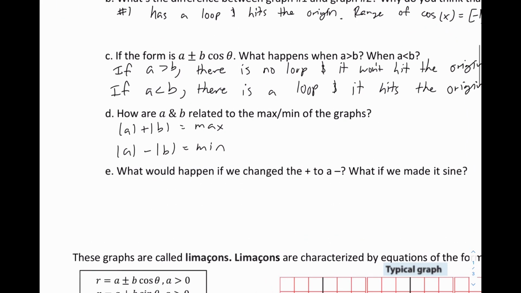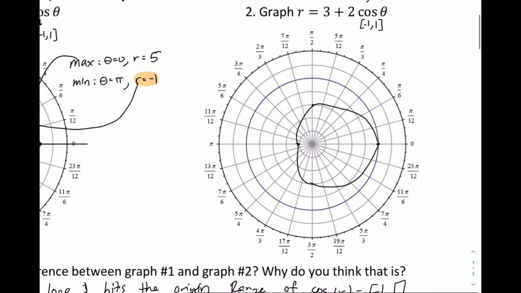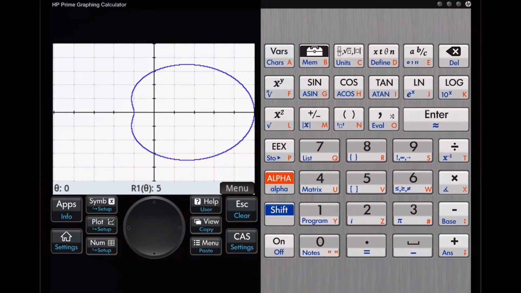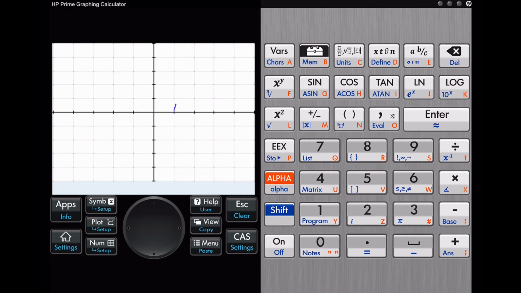What would happen if we change a plus to a minus? Okay, so let's try. 3 plus 2 cosine theta. Let's go to our calculator. Let's make that a minus. Think about what you think will happen, and let's see. So as we're watching this, think about your prediction, and it looks pretty clear.